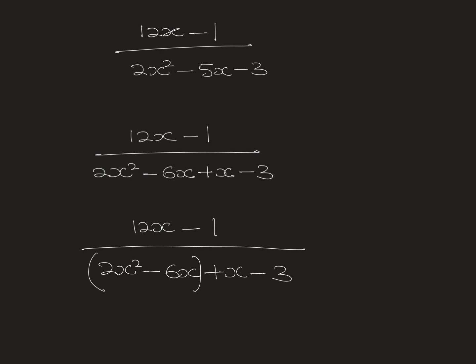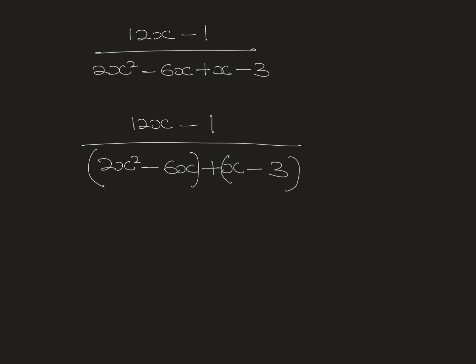Now what next? We'll have 12x minus 1 divided by what is common here that I can factorize. We can say 2x, right? That will be 2x into x minus 3, such that if you multiply them, you will come back to this.